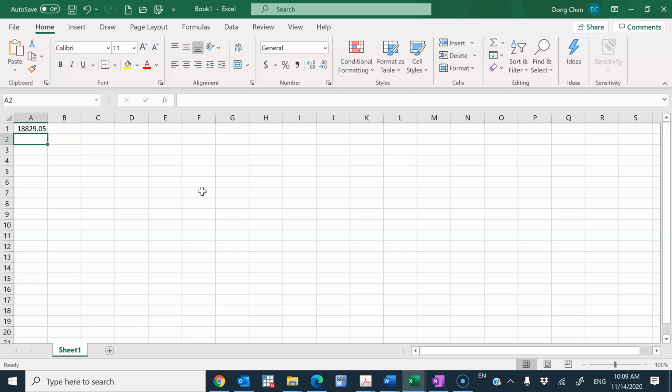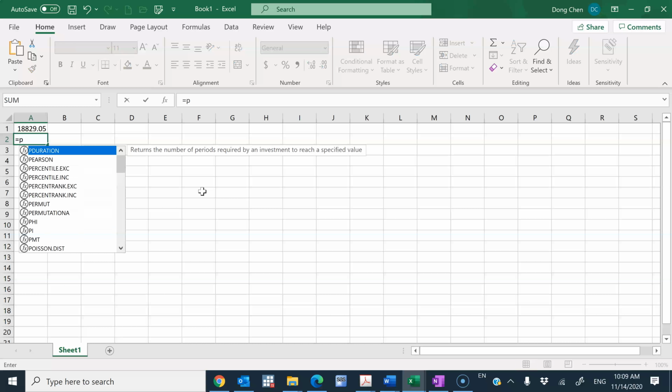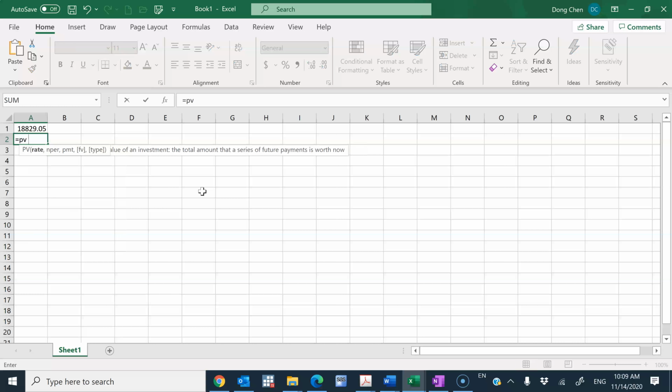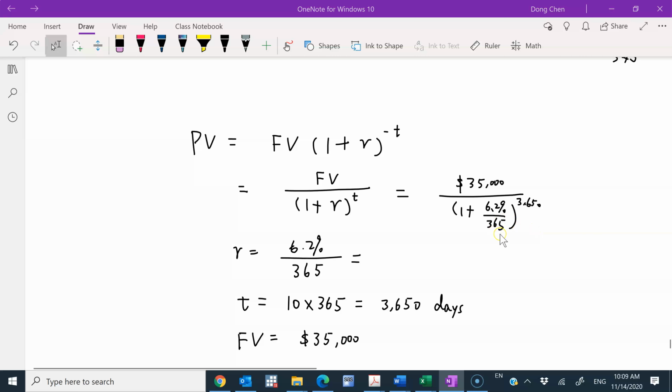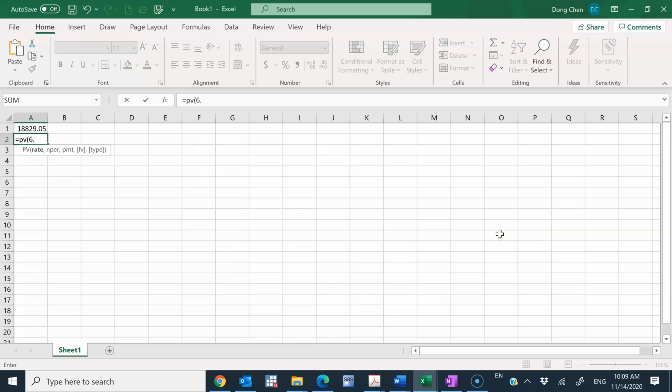And the third way is simply to use the PV function in Excel: equals PV and open. The first argument is the interest rate, the daily interest rate, 6.2% divided by 365. And then the NPER is the number of compounding periods, in this case the number of days before you receive the payment, 3,650.